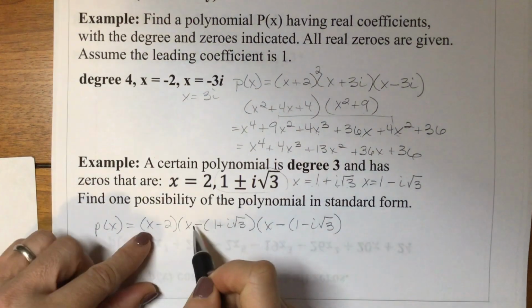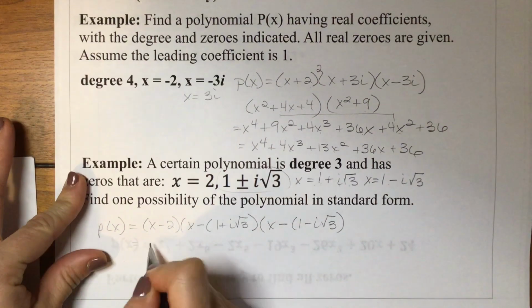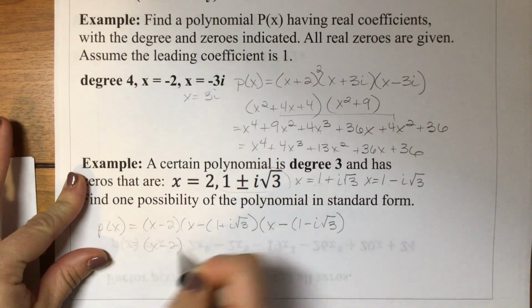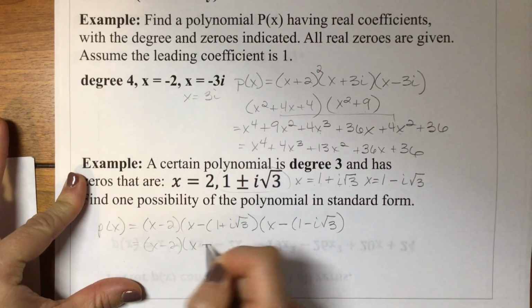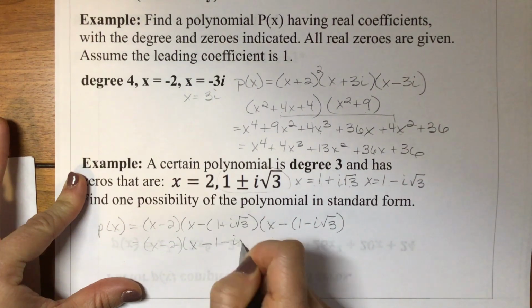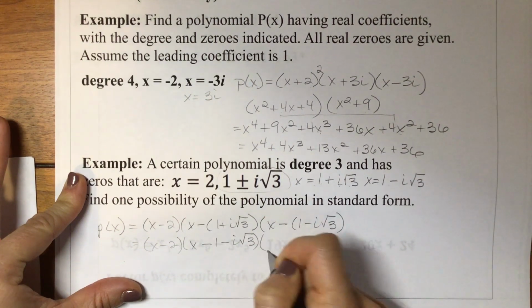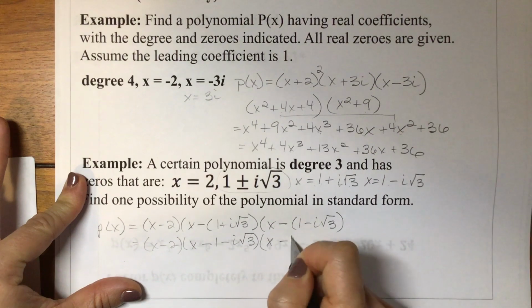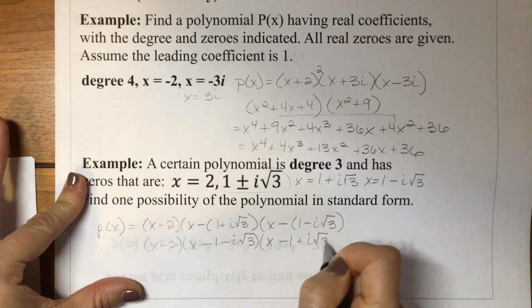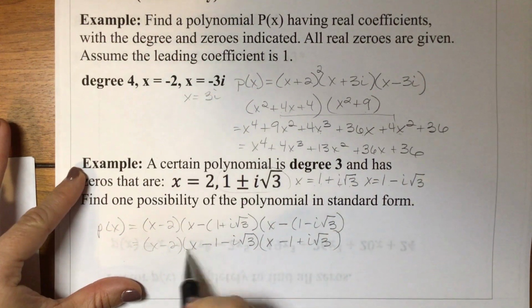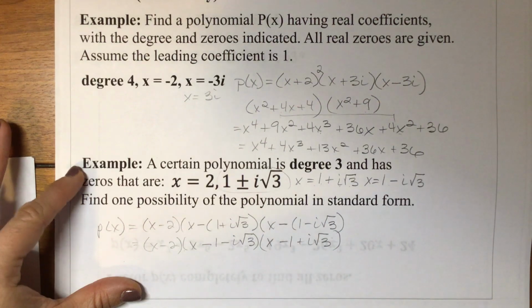Now I can distribute my negatives here and get my factors in x minus 1 minus i root 3 and x minus 1 plus i root 3. And then I'm going to want to multiply these together.